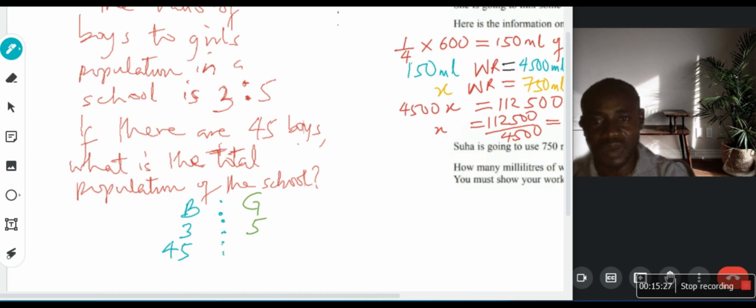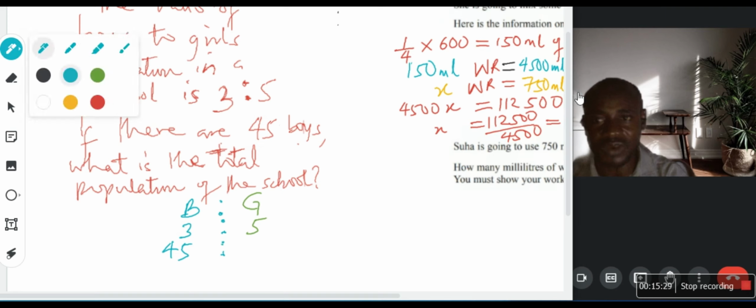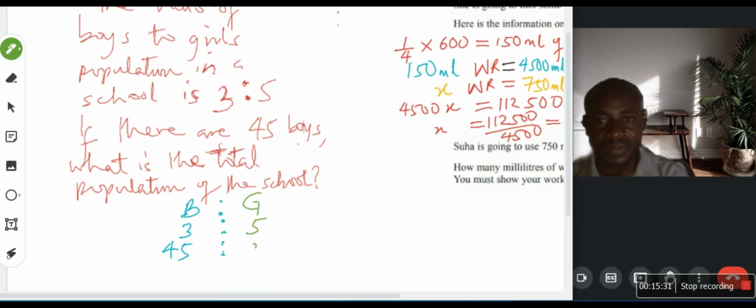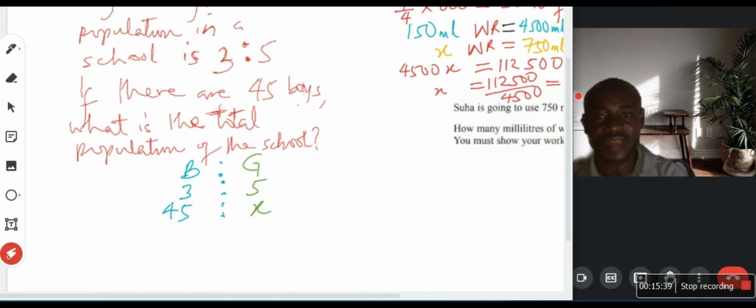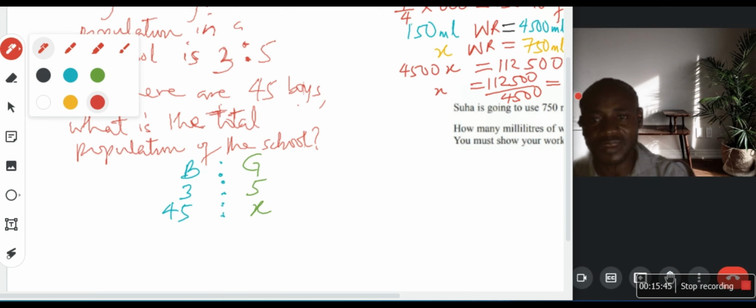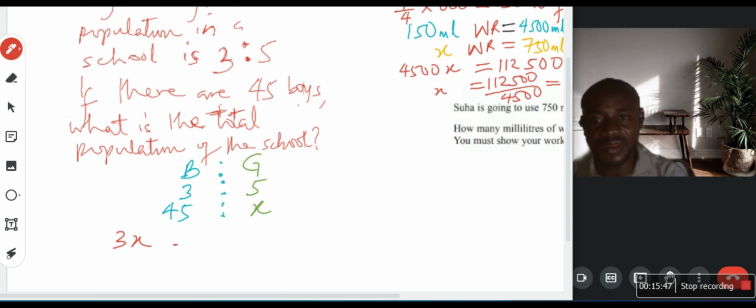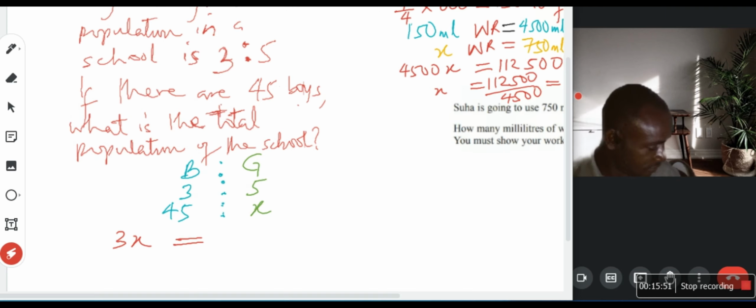Under girls, we don't know how many girls we have, so we can just call it X. Similarly, we cross multiply to get the number of girls. That's one way we can do it. So 3 times X gives us 3X equals 45 times 5.